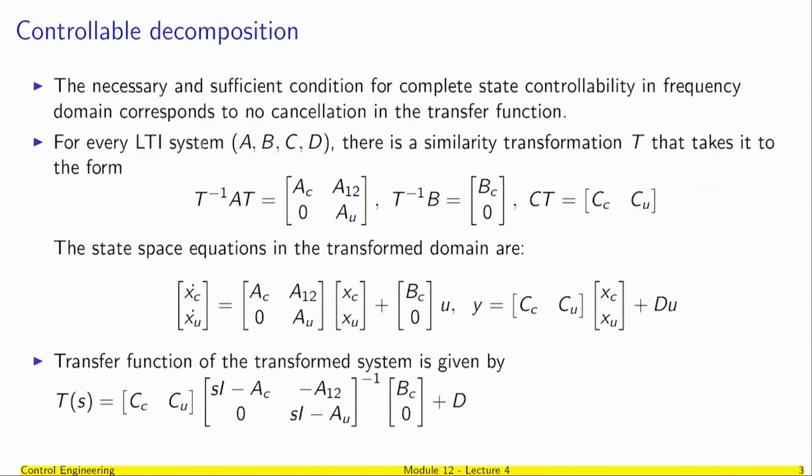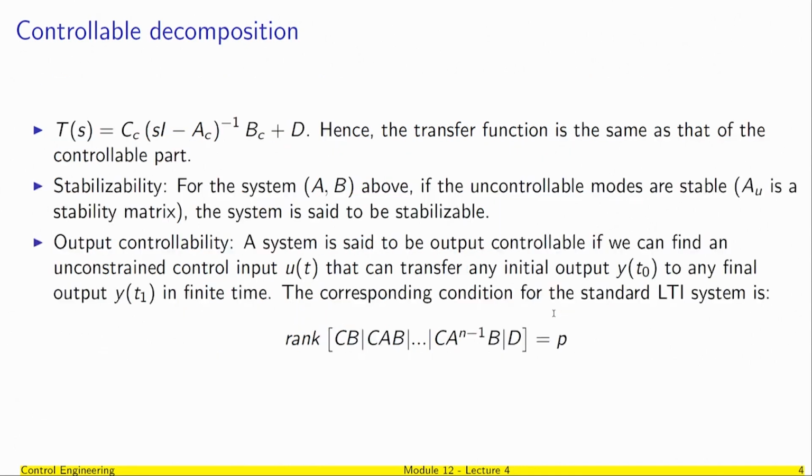Ac is corresponding to the controllable part, Bc is also the controllable part, Cc is also the controllable part. So, what is important here is that the transfer function is only the transfer function of the controllable part.